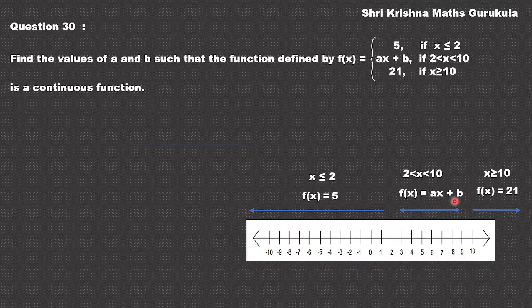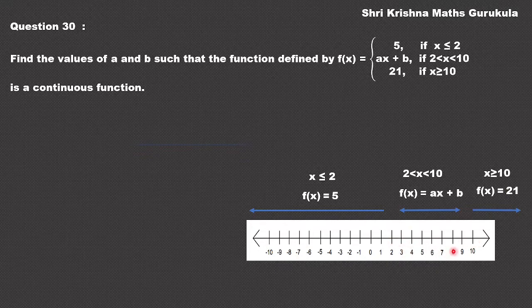When we say x is greater than 2, it can be greater than 10 also, right? But this x tending to 2, this domain element will not go to any of these points or beyond 10. It will be very close to 2 only. So between 2 and 10, there is no scope for confusion for us to consider a different function. Between 2 and 10, it is here only.